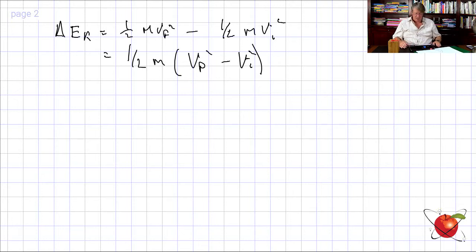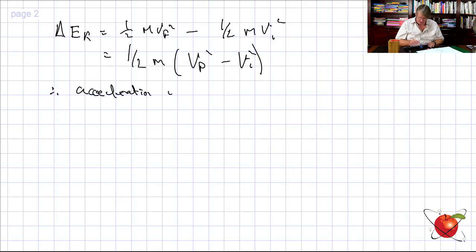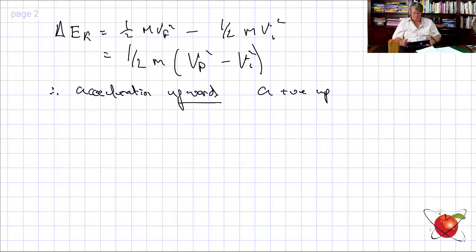Can you see that? Therefore, my change in kinetic energy is positive upwards. It must be because my velocity final has increased. Therefore, I have had an acceleration upwards. Right? A is positive up. So I have accelerated up. My kinetic energy has increased.